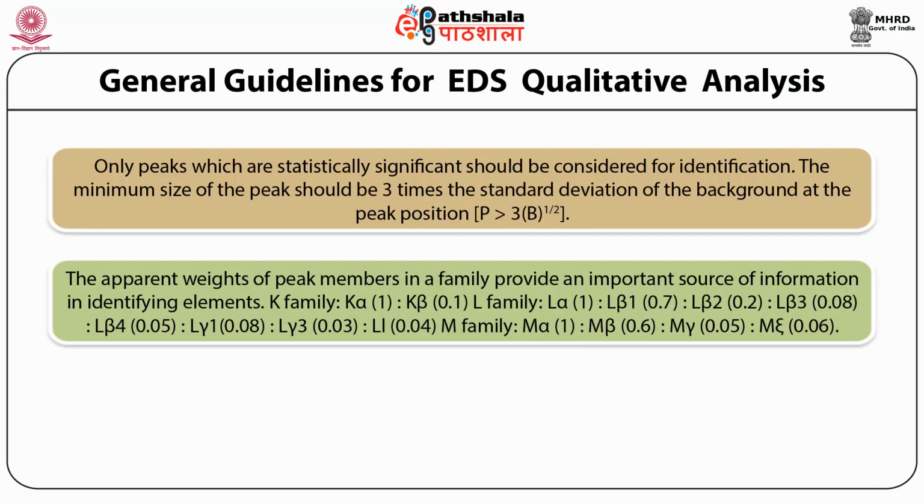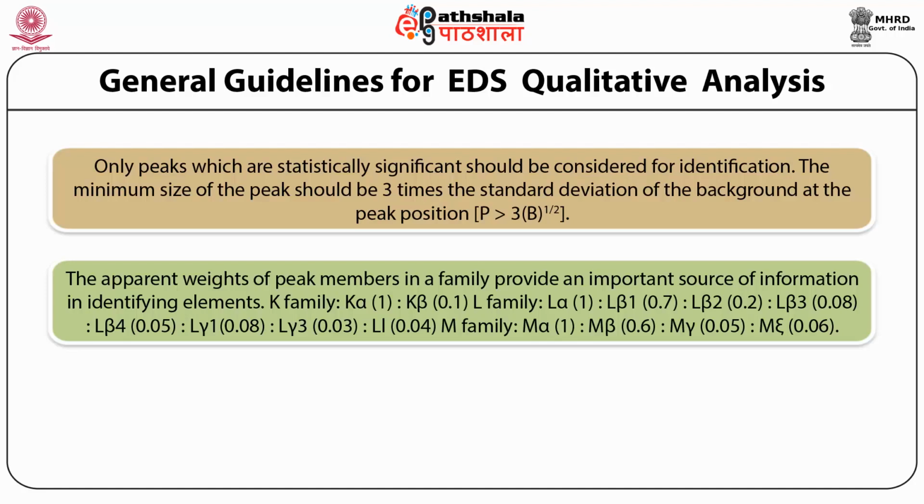For example, K family: K alpha 1, K beta 0.1. L family: L alpha 1, L beta 1 0.7, L beta 2 0.2, L beta 3 0.008, L beta 4 0.05, L gamma 1 0.08, L gamma 3 0.03, Ll 0.04.